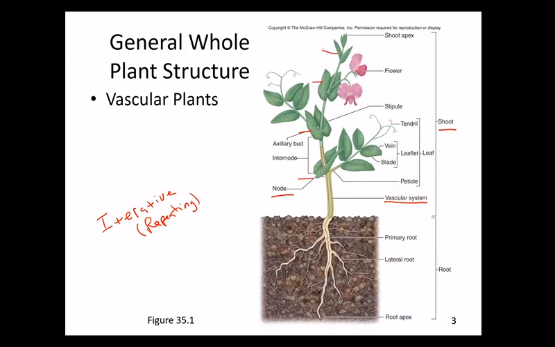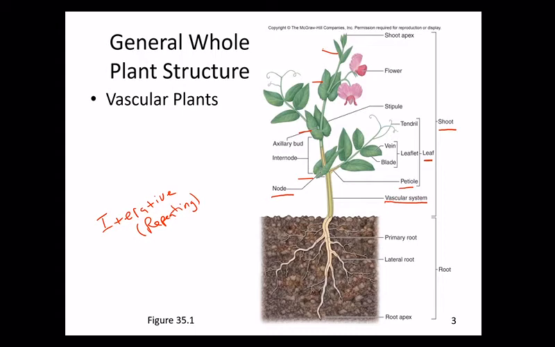As we move up through there, we can see where the leaves are. And we're going to point out 3 different parts that make up the leaf. The first leaf part is the petiole. This is the connection to the stem, to the shoot, that will support the leaf, a thin extension that's connected to that.